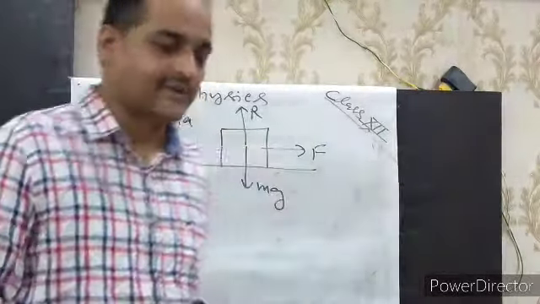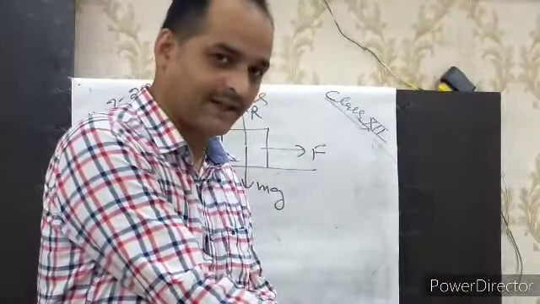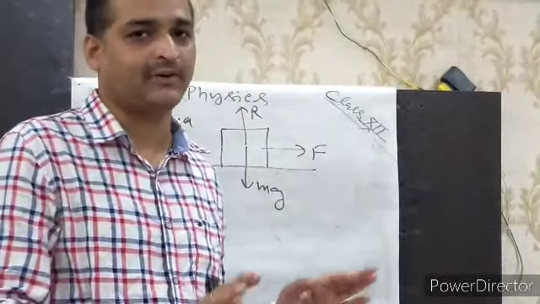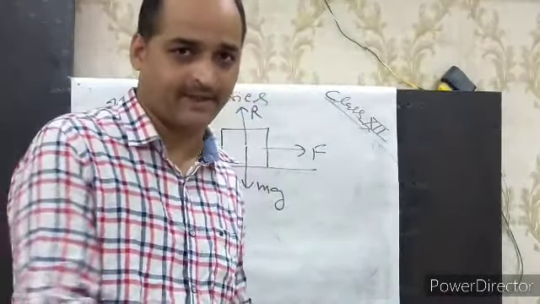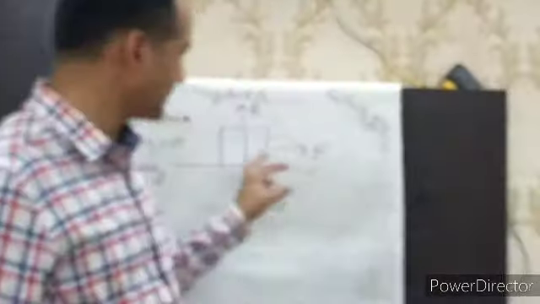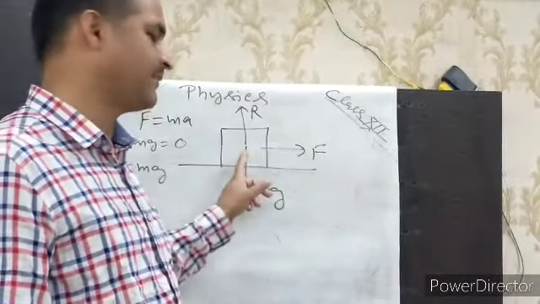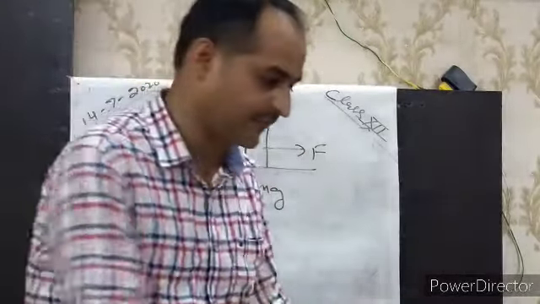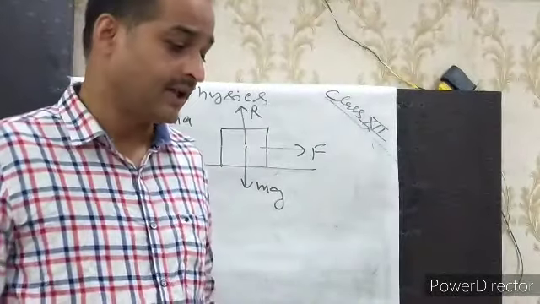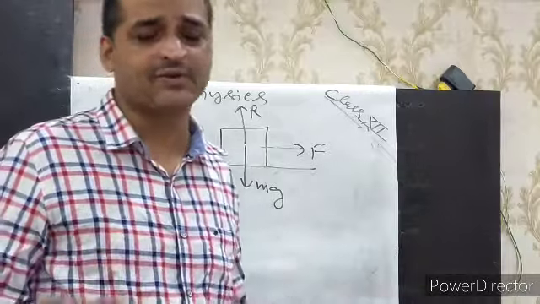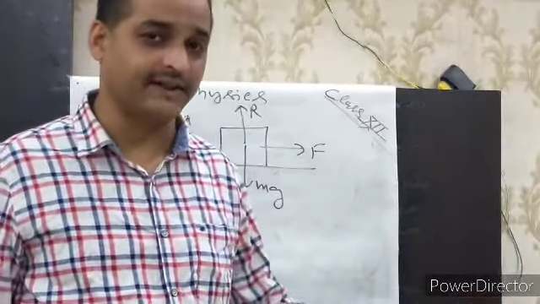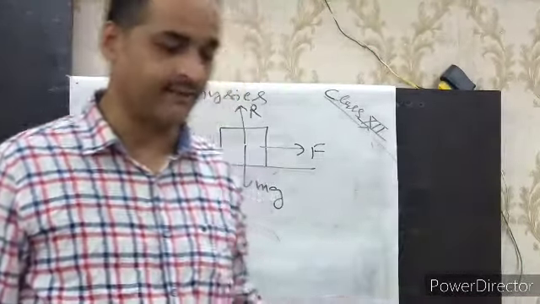I am explaining again. Suppose there is a heavy table. Initially, when we apply a little force, it is not moving. We have applied force in this direction, so it must move in this direction, but the table is not moving. When you increase your force, the table still does not move, since it is a heavy table.